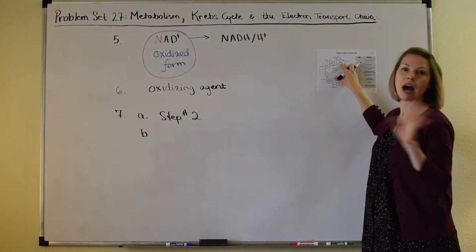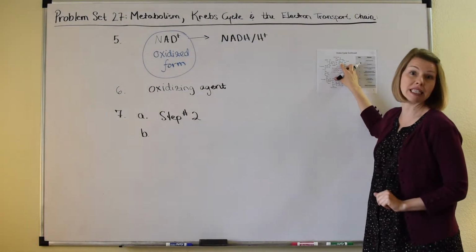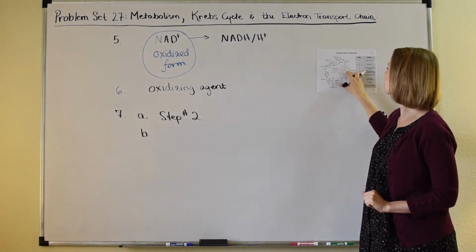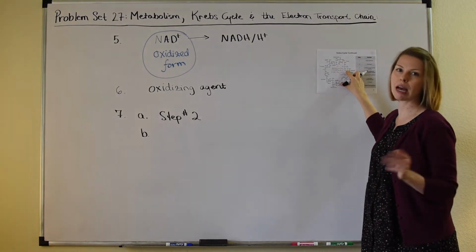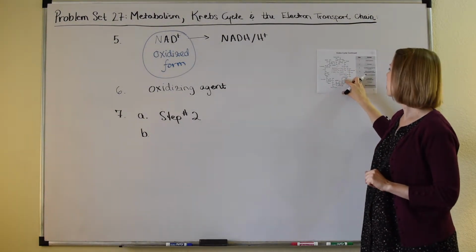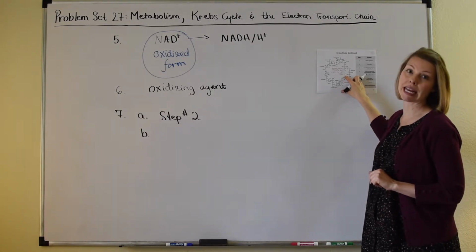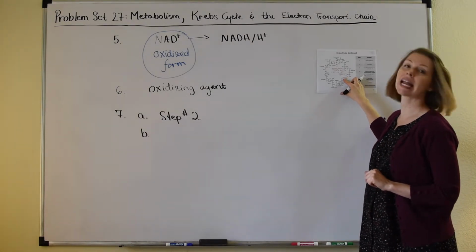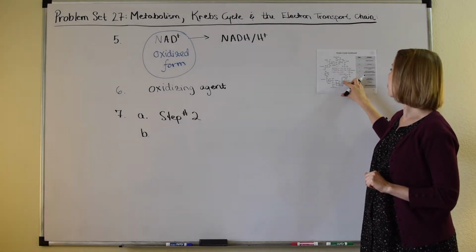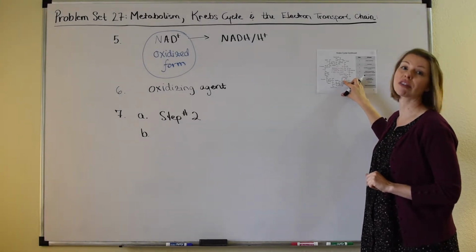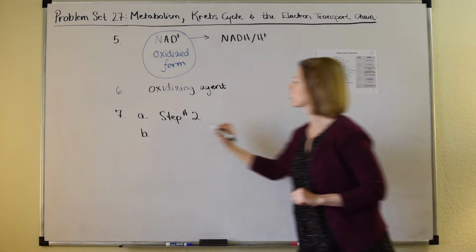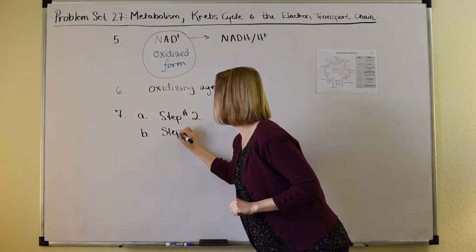Step 1, I don't see any coenzymes. Okay, so let's go on to step 2. No coenzyme being reduced on step 2 either. But step 3, we can see that the coenzyme NAD+ is being reduced to NADH. So step 3 must involve the oxidation of a substrate. So let's write step number 3.